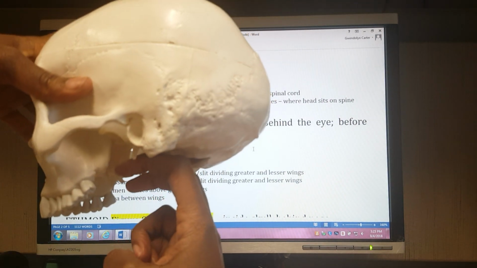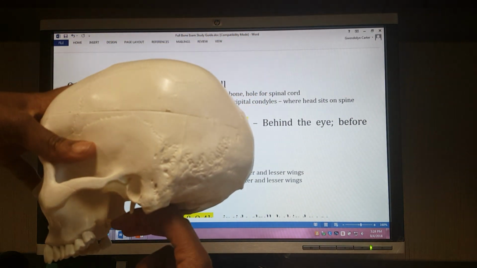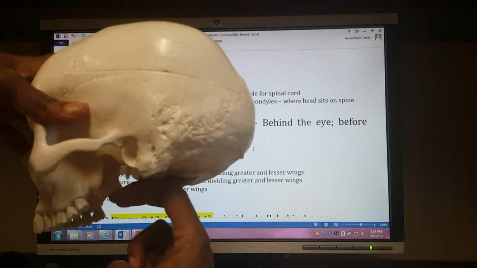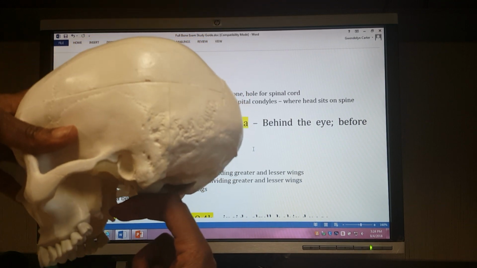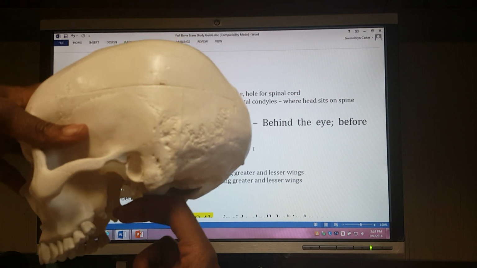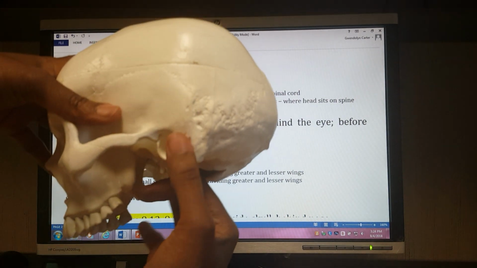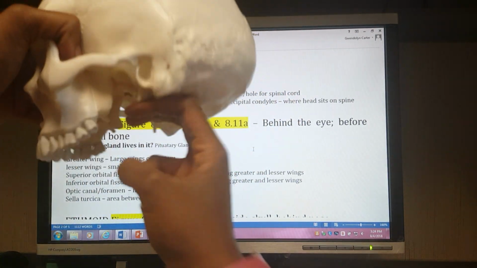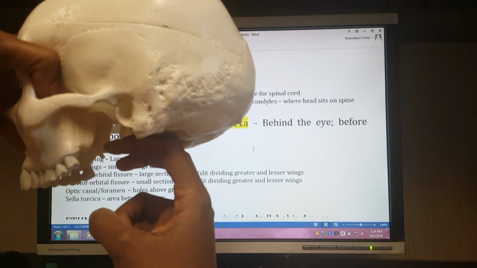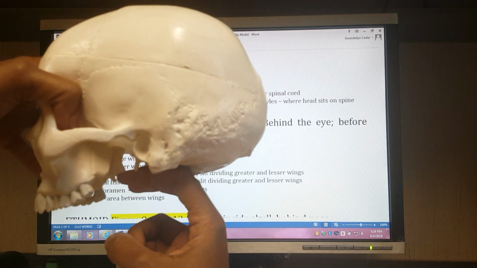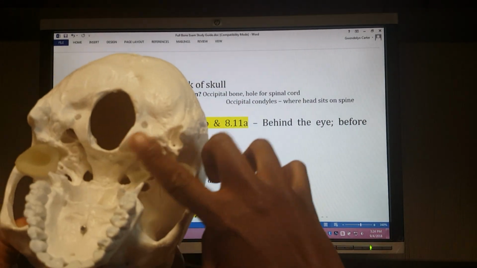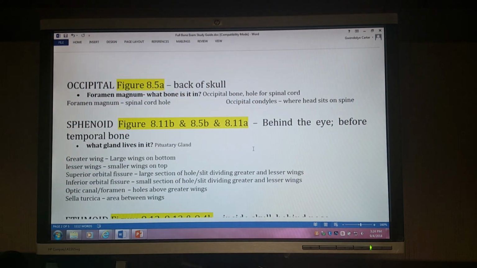Going back to Greek mythology, there was a character who had to carry the weight of the world on his shoulders, very literally. So thinking of the larger portion of the skull as your globe, that first vertebra, Atlas, is holding up your skull. So our occipital condyles are just the surface where it makes that joint with that first vertebrae.